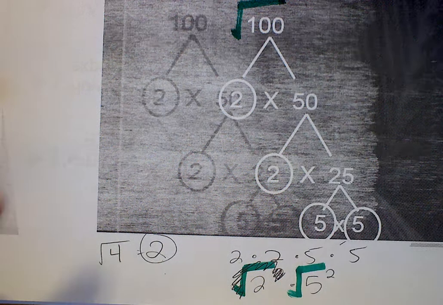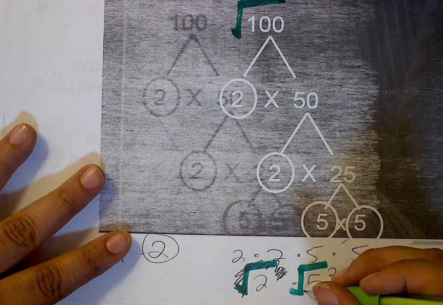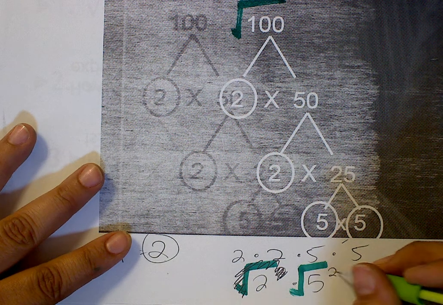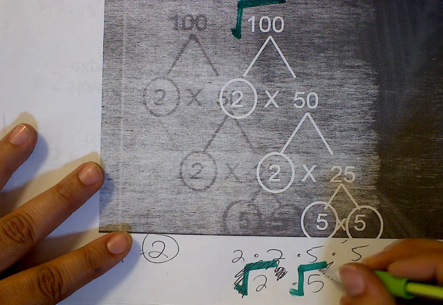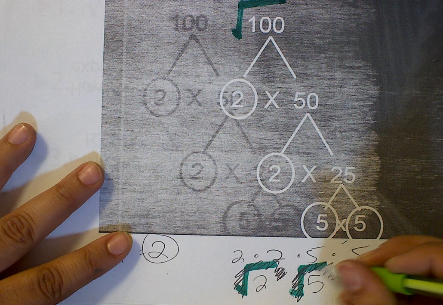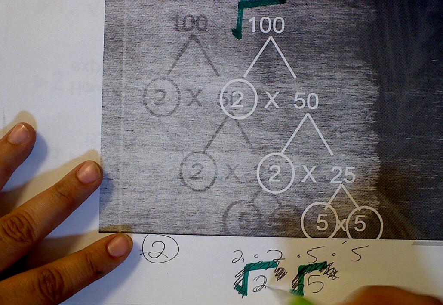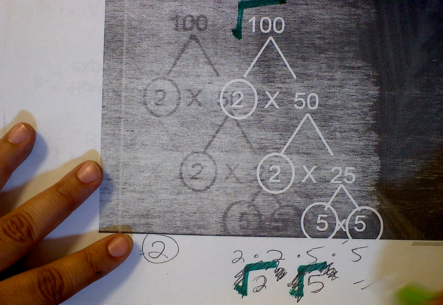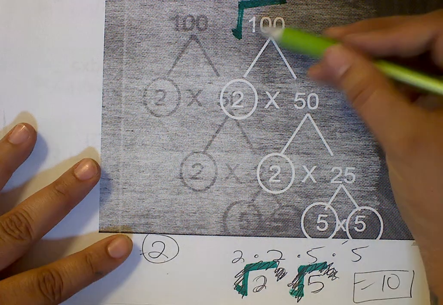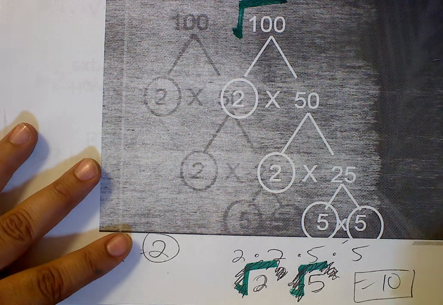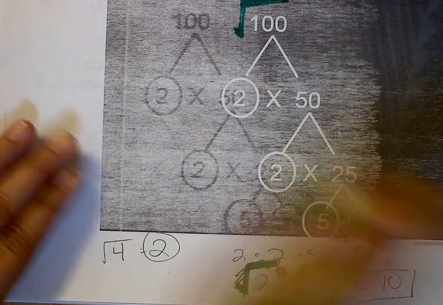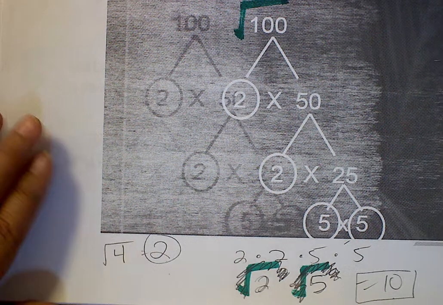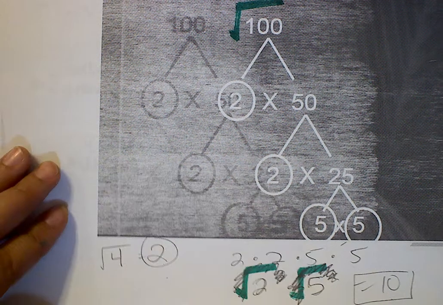So square root and squared cancel each other out here, and now you're just left with 2 times 5, which is 10. The square root of 100 is a perfect square, and it is 10. This is the idea that we're going to be using to simplify radicals.